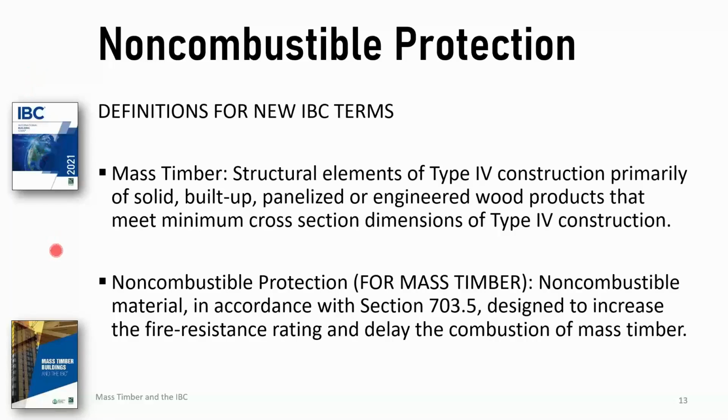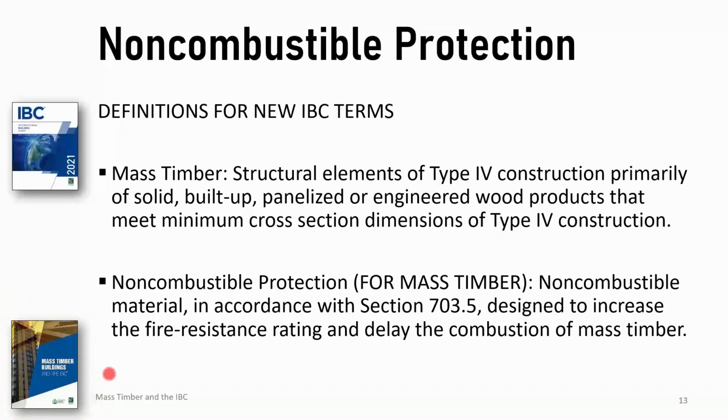And I'll mention right now, we didn't really mention it in the morning session of this same webinar, and I should have, but this document down here, Mass Timber Buildings and the IBC, produced by the International Code Council and the American Wood Council together, is also available. This is available in print and PDF.